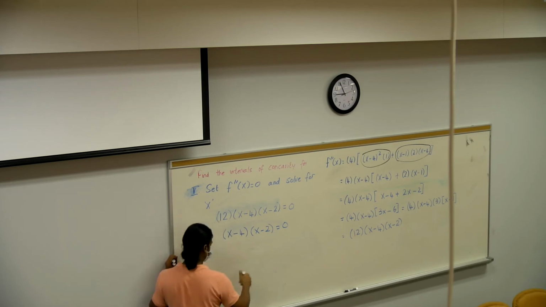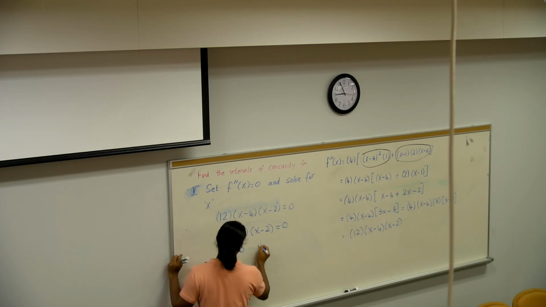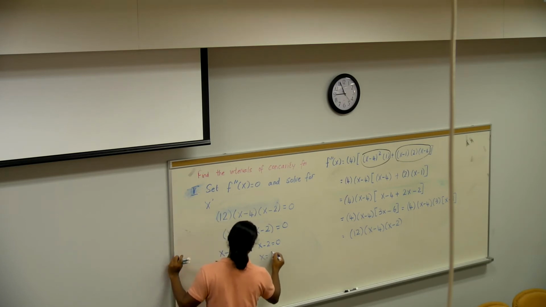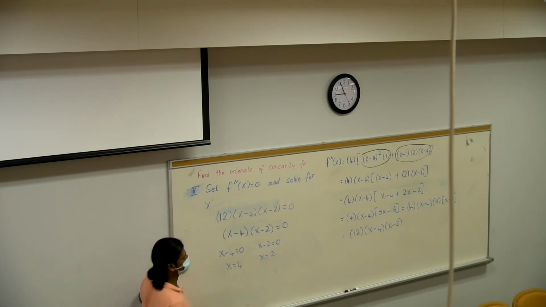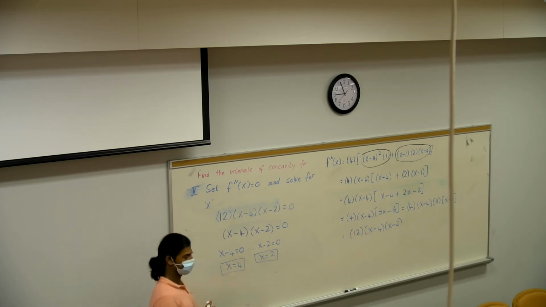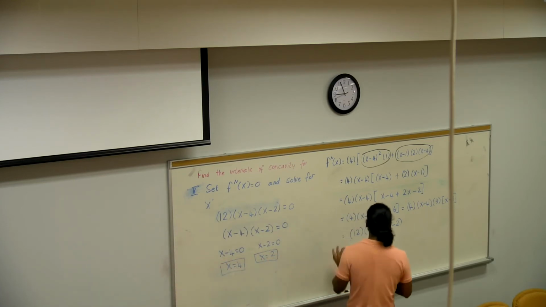Set each factor equal to 0. So those are my points of inflection, because the second derivative becomes 0.